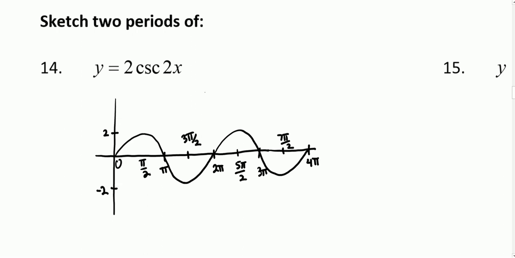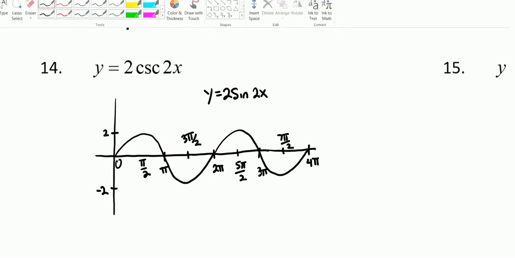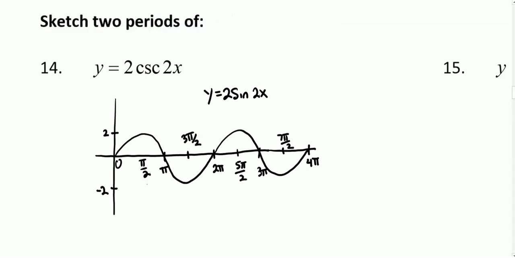So right now I'm just graphing y equals 2 sine x, but now I want sine of 2x. So I'm going to multiply each of these numbers on the x-axis by the reciprocal of 2, which is 1/2. So pi over 2 becomes pi over 4.